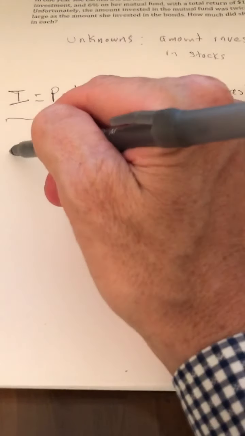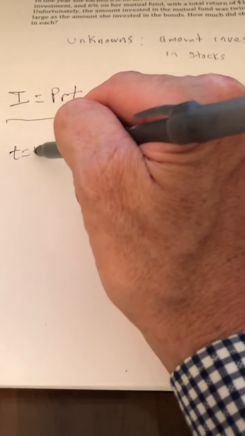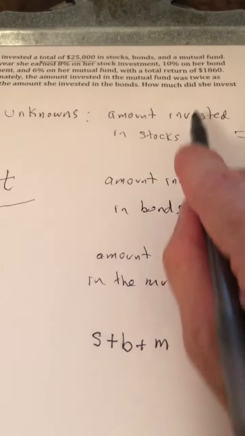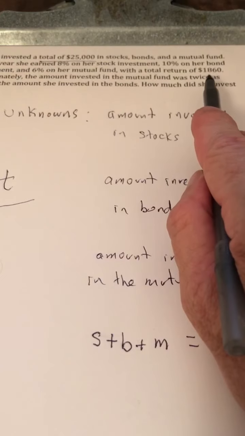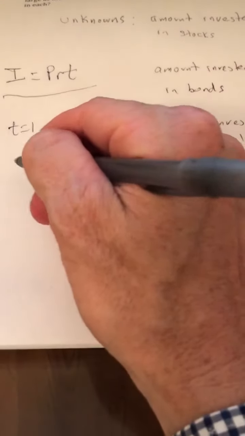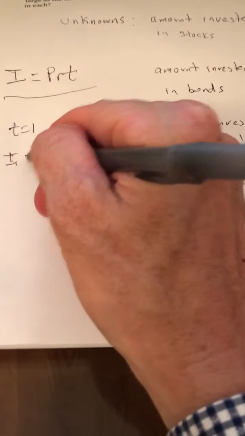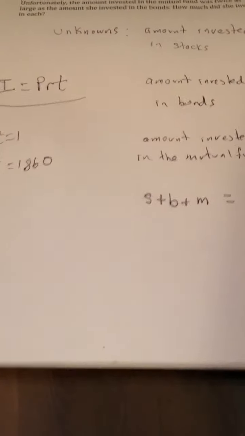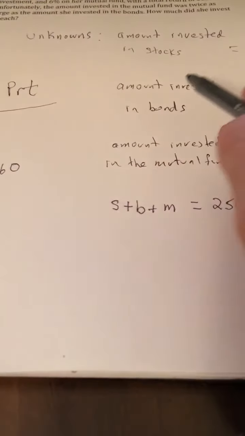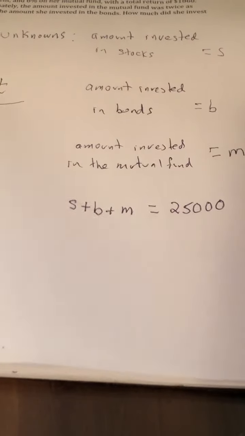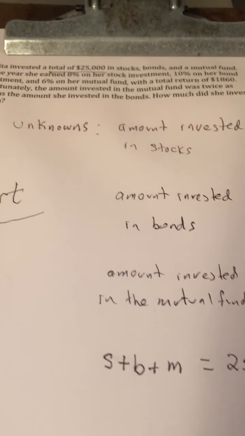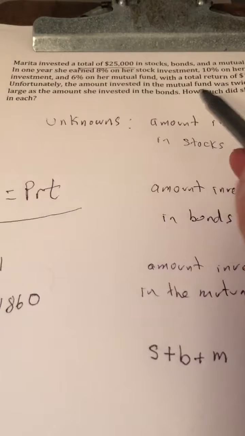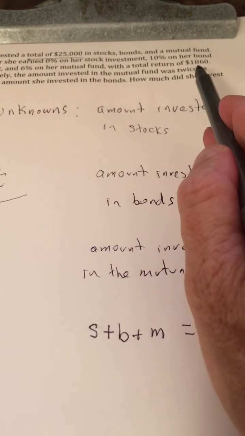So in this case, T is actually 1 because it's 1 year. And the total interest earned is $1,860. And the principal, well, that's the amount invested in each investment. So, remember, I is equal to PRT. We're going to add up the interest on all three of them, and that gives us 1,860.